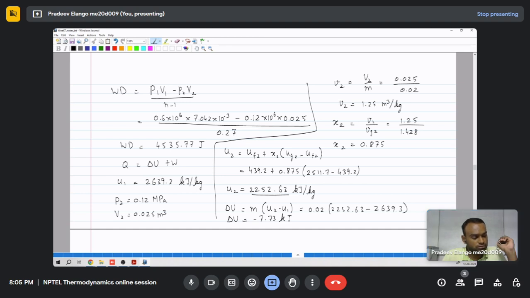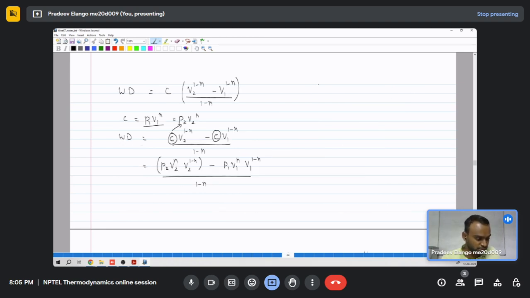The second state is after the piston has expanded. In the first state the piston was something like this, and in the second state it has expanded from the initial position.